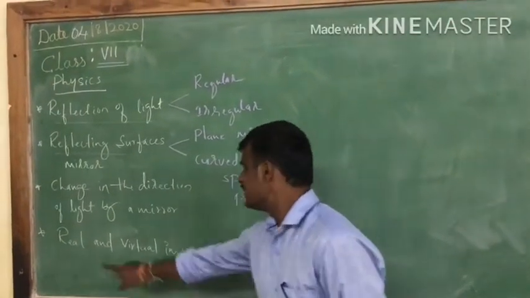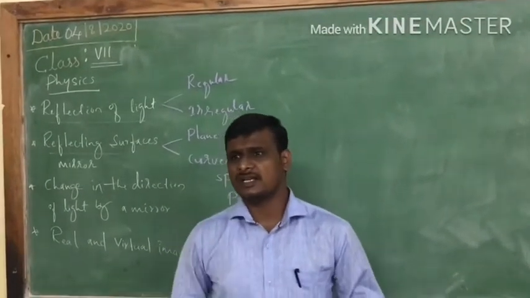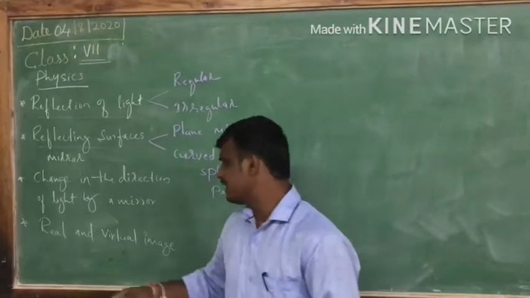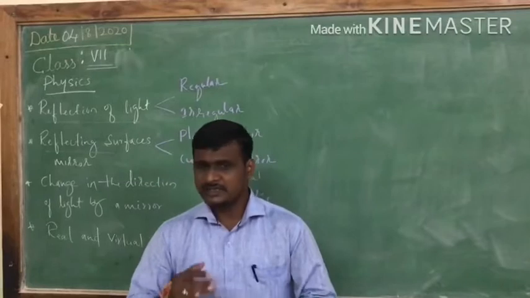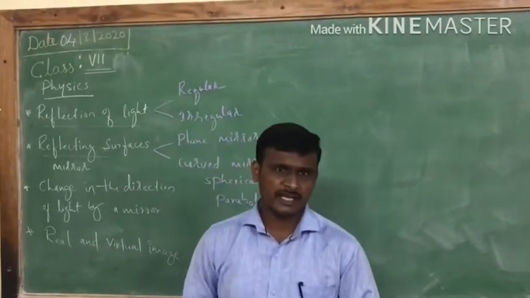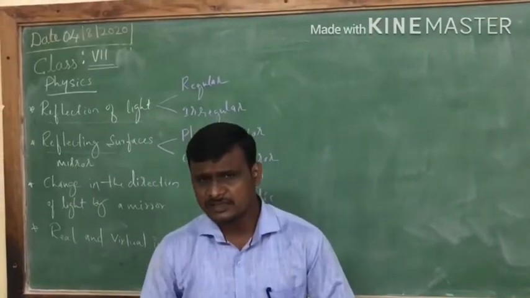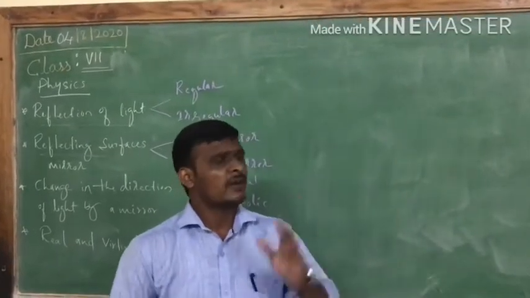Next thing is real and virtual images. Last class we defined the real and virtual image. Again here, real images are those that can be obtained on a screen. An example of real images is a projector.